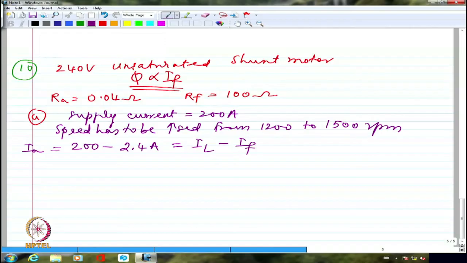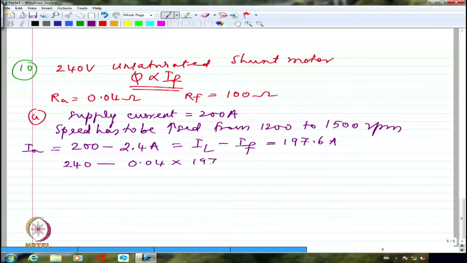This is what is my IA. Right? And I can calculate definitely under this condition the back EMF. 240 minus 0.04 multiplied by, how much was it? 197.6.